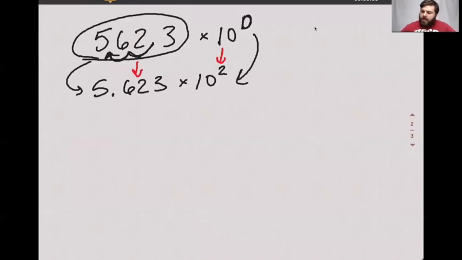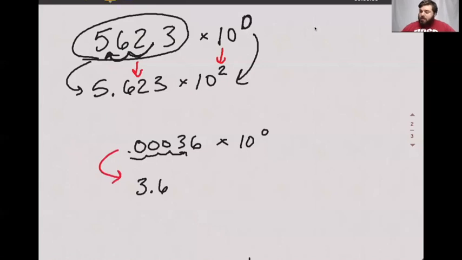Now, what if I did it the other way, 0.00036? Remember, this is technically 0.00036 times 10 to the 0. 10 to the 0 is 1, so it doesn't really change anything. If I move my decimal place 1, 2, 3, 4 spots, remember I need to have one number only in front of that decimal. So if I move this to 3.6, notice how I made this number bigger?